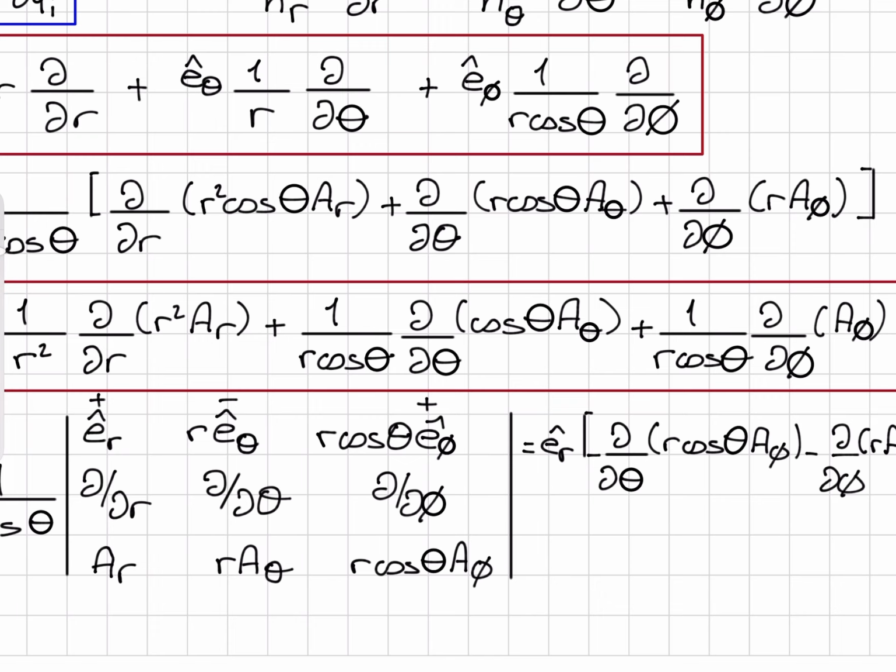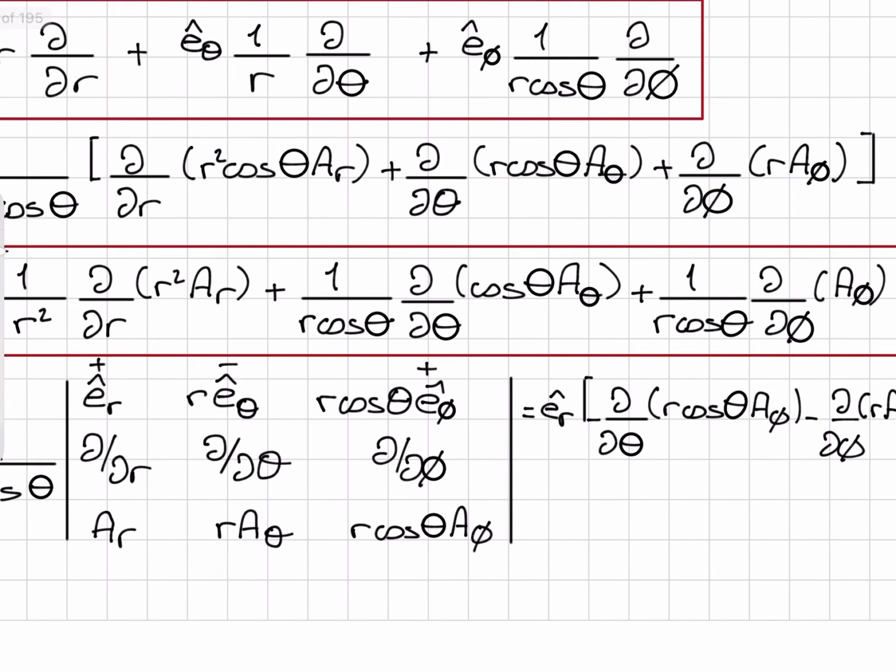This is for the e_r hat. And now for r e theta hat, we have del phi A_r minus del r cosine theta A phi, because of the minus sign.